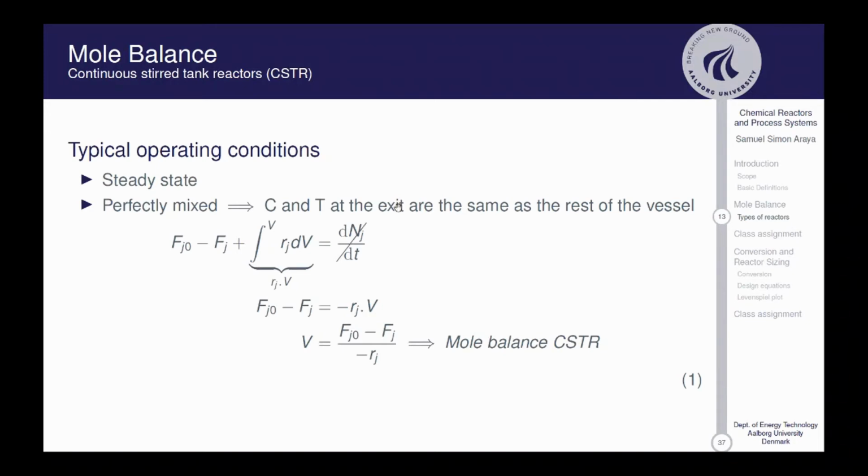So in this case we have ins and outs because we are continuously putting in and removing reactants and products, but we don't have accumulation. And we can still assume that the rate is multiplied by the volume. So our mole balance in this case will be: volume is equal to the difference between the flow in and out divided by the rate of disappearance of the reactant that we are dealing with.